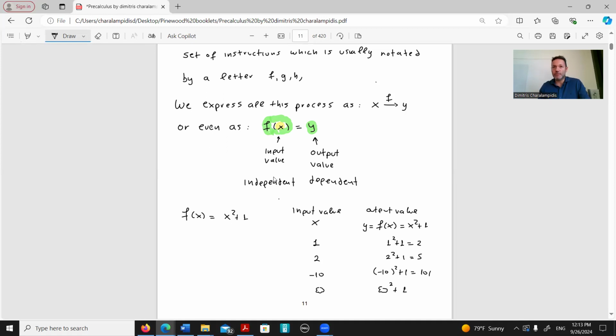So we need to understand that in a function, the way the input and the output values are connected is provided by the function's notation. f of x equals something. This means that x is the input value, the entire thing is the output value, and I calculate the output values by following these instructions.